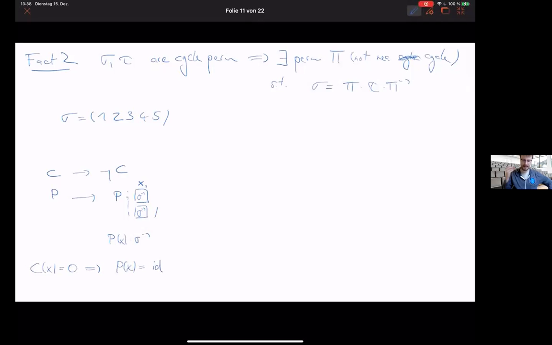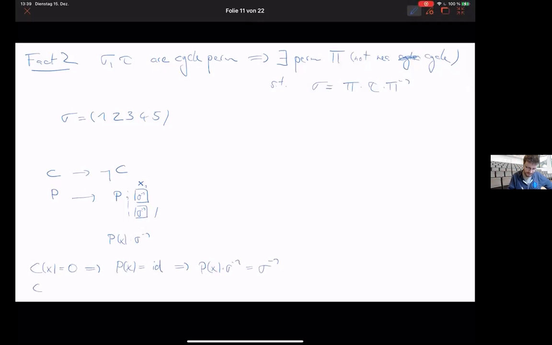Identity encodes a 0. Therefore, P of x times sigma inverse is just sigma inverse, the inverse cycle of 1, 2, 3, 4, 5.